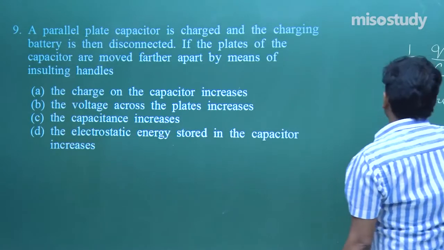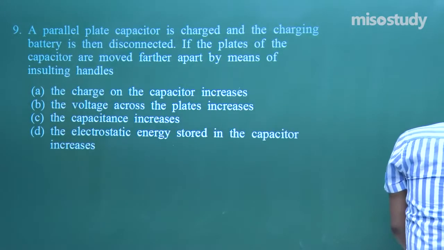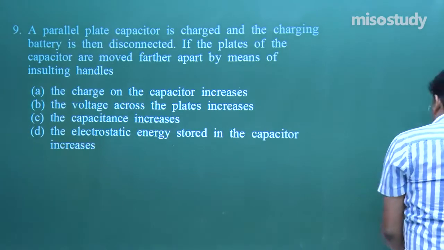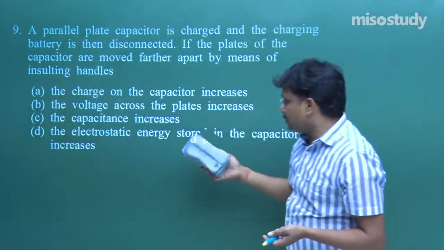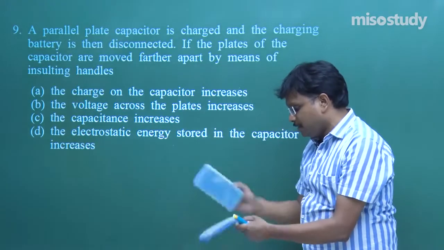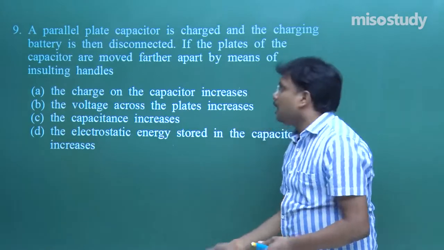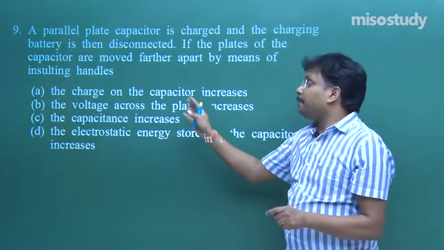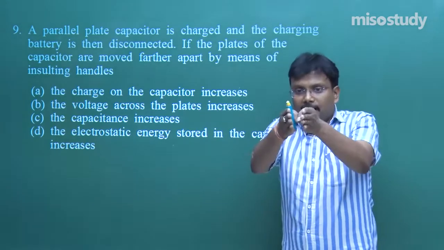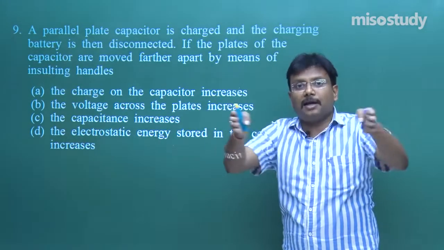The question was not very difficult, but it was associated with a lot of understanding of the concepts. Now my simple suggestion and request to all of you is kindly revise, kindly revisit this question, kindly try to handle this question assuming that battery is connected and then plate separation or closing is taking place.